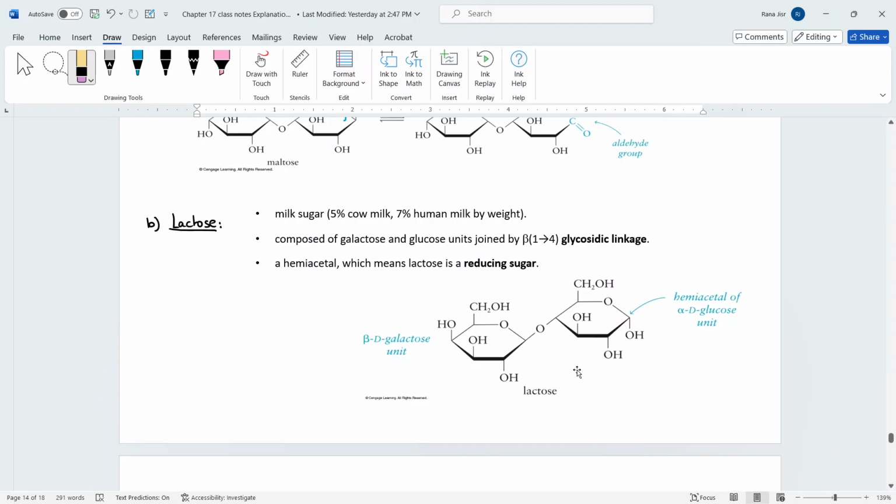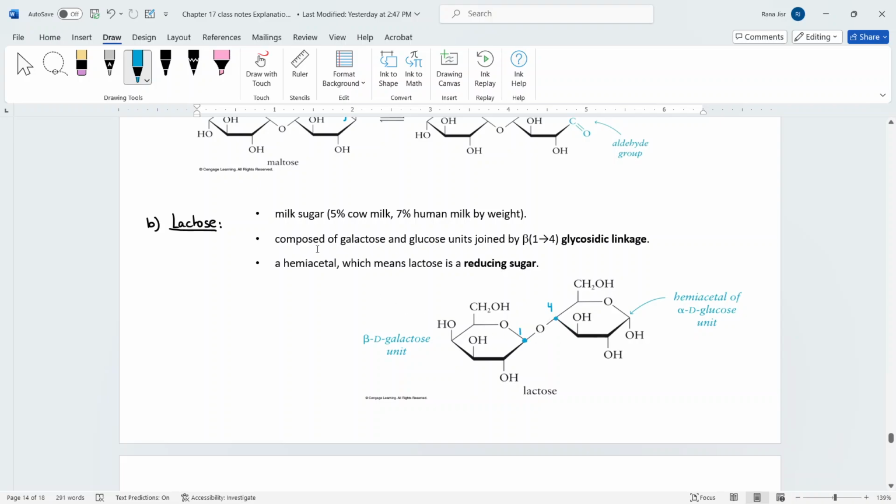As it is written, the reaction starts from the beta galactose, so this is the anomeric carbon. Your OH was pointed up, so this is why you are forming the glycosidic linkage that is pointed up. You are reacting carbon number 1, so carbon number 1 there is going to lose its OH. Carbon number 4 is going to lose its hydrogen.